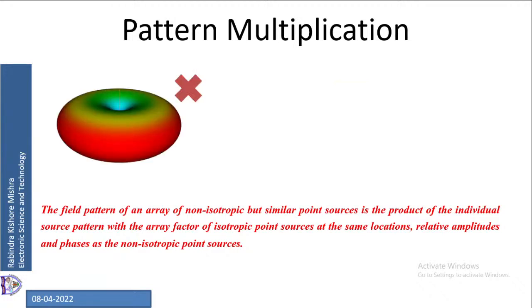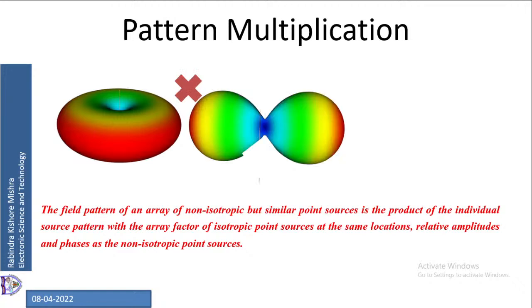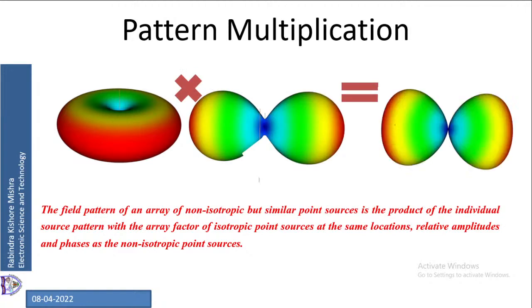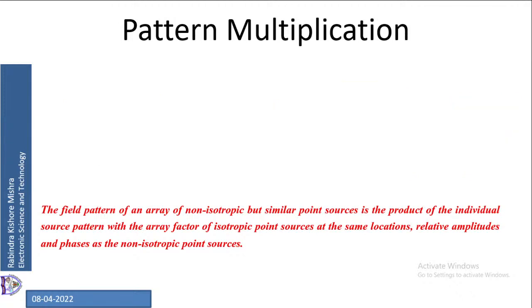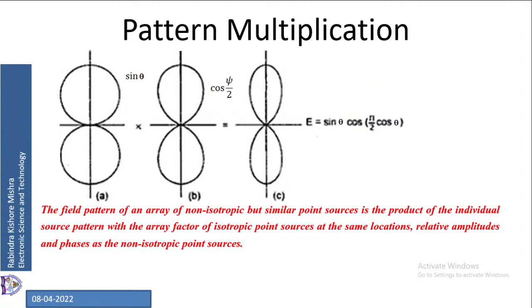This is another example. You are getting a fan beam here. Then there will be another example. Those were the 3D examples. These are the 2D examples. A is sin theta, B is cos psi by 2.